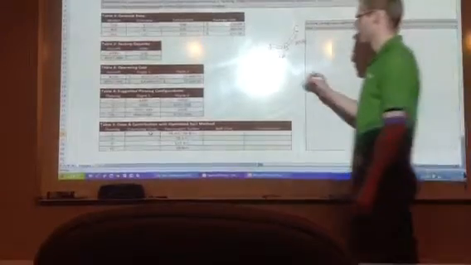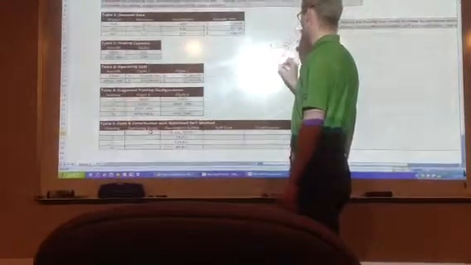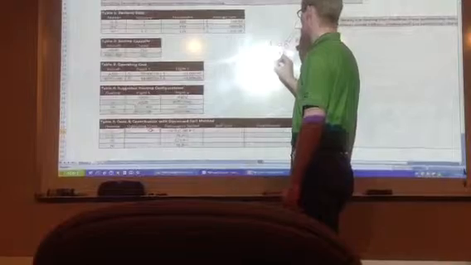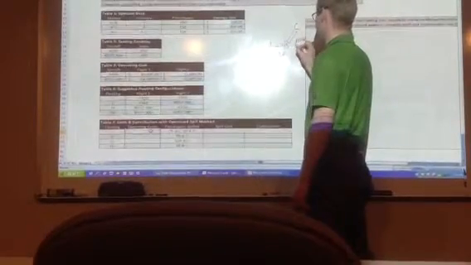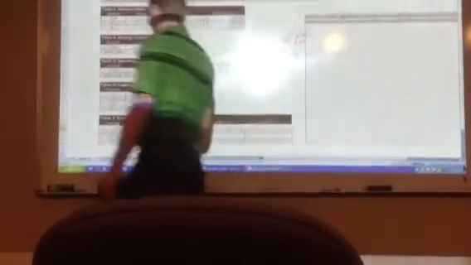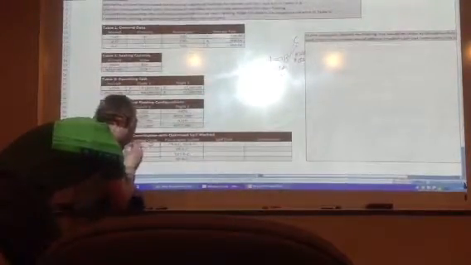Why? Because flight 1 is different than flight 2: flight 1 is 10K and flight 2 is 15K. So the operating cost is going to be 25K.